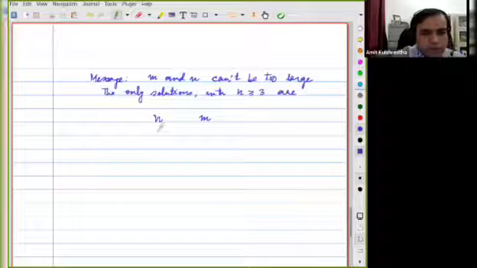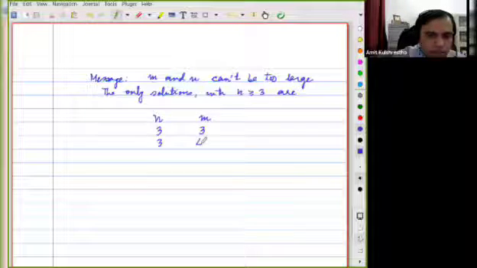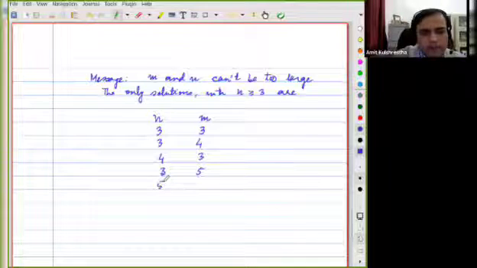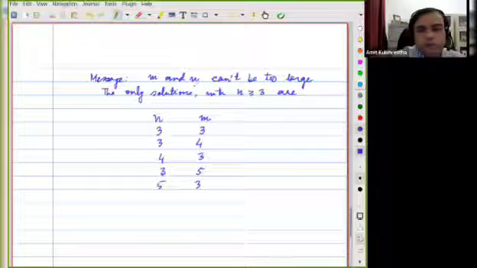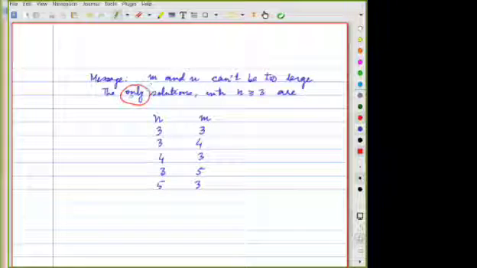So N and M, the only solutions are these, and you are familiar with these numbers, isn't it? These are the only solutions.